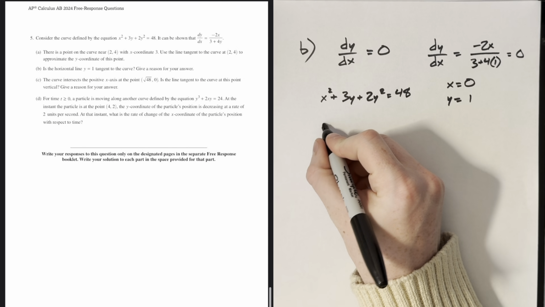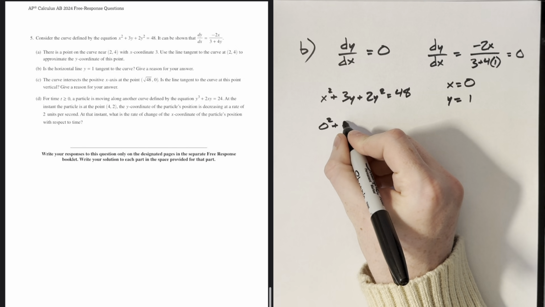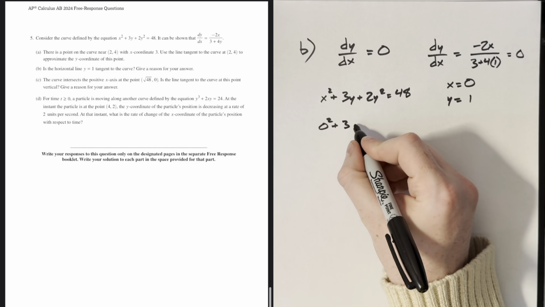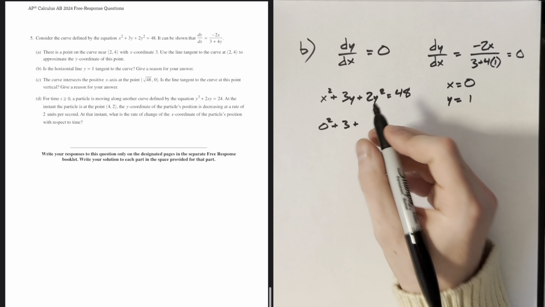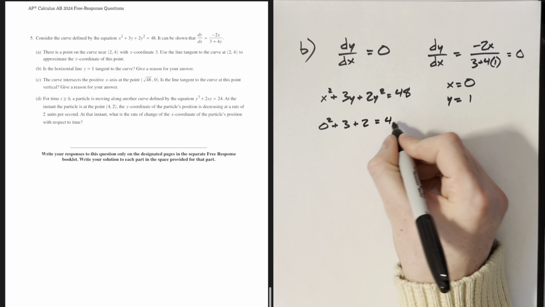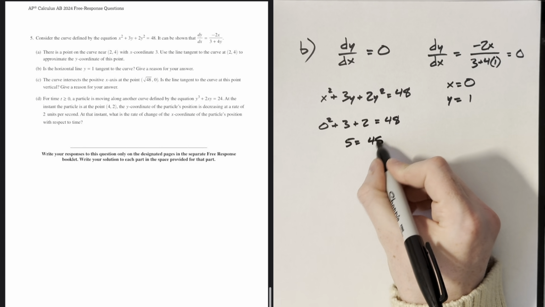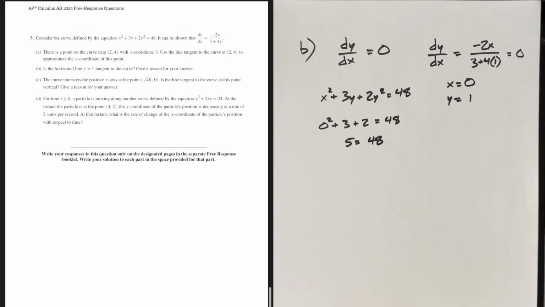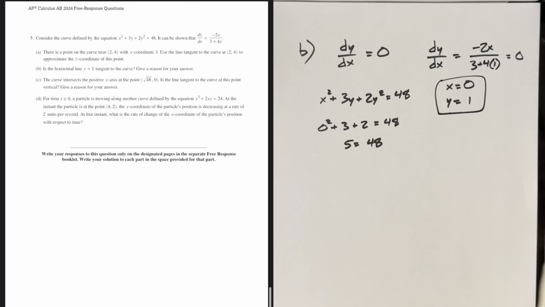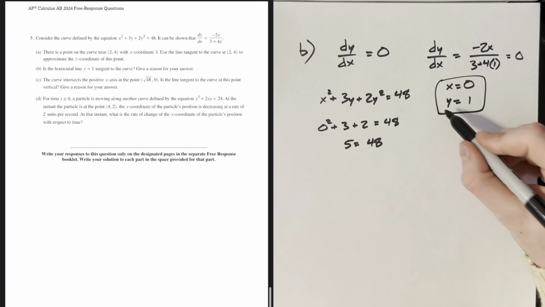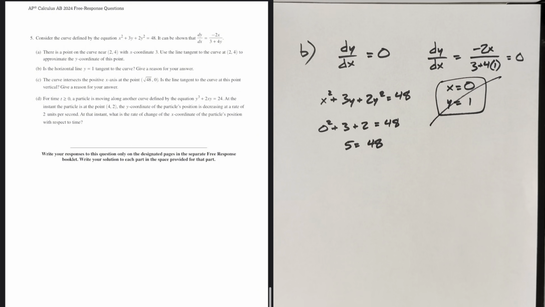So when I plug it in, I get 0 squared plus 3 times 1, which is 3, plus 2 times 1, which is 2, is equal to 48. That gives me 5 is equal to 48, which is clearly not true. So this point that we found, x equals 0, y equals 1, is not on the curve.